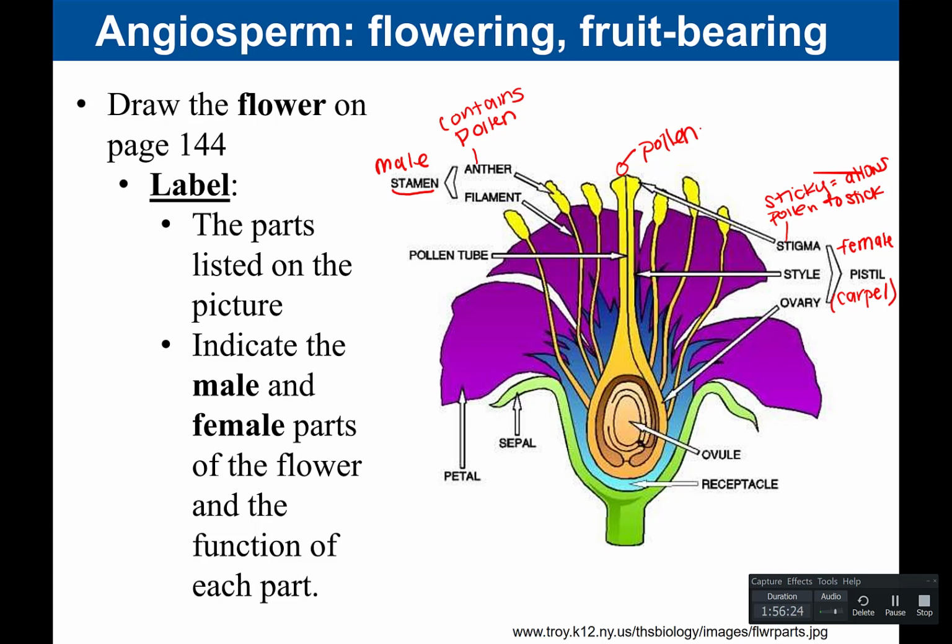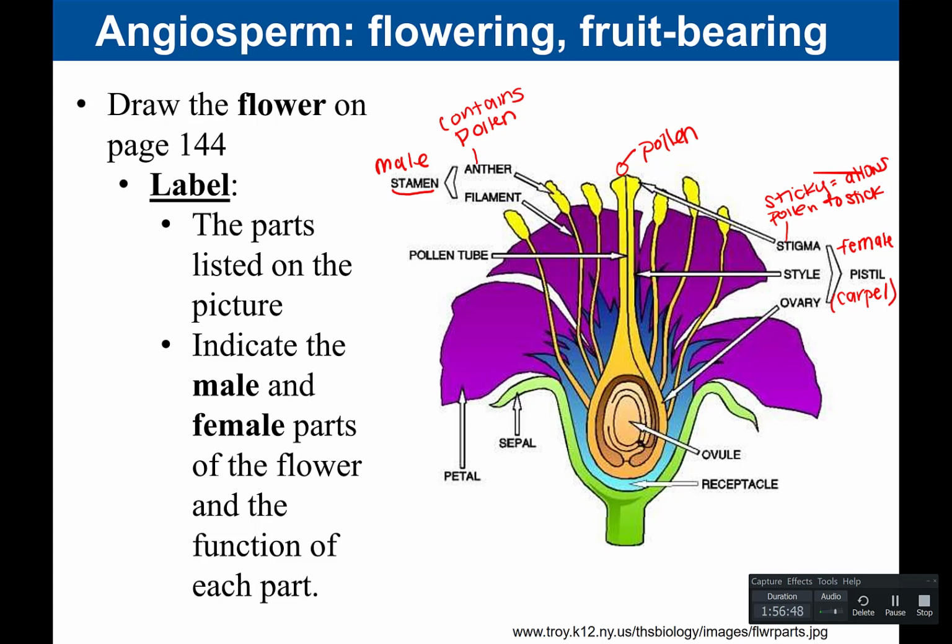And so the pollen's going to stick, and then the pollen is going to travel down through this pollen tube, this tube, within what's called the style. So the style is going to hold the stigma up. It's this narrow part here. And so the pollen is going to travel its way down the pollen tube, and it's going to come to the ovary, right?